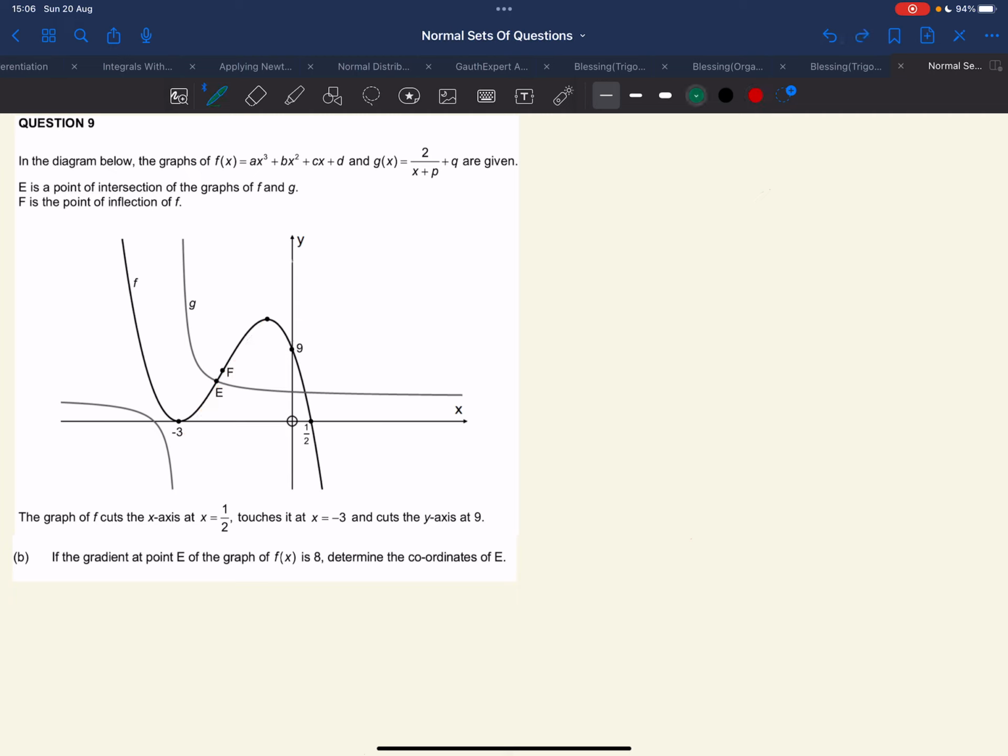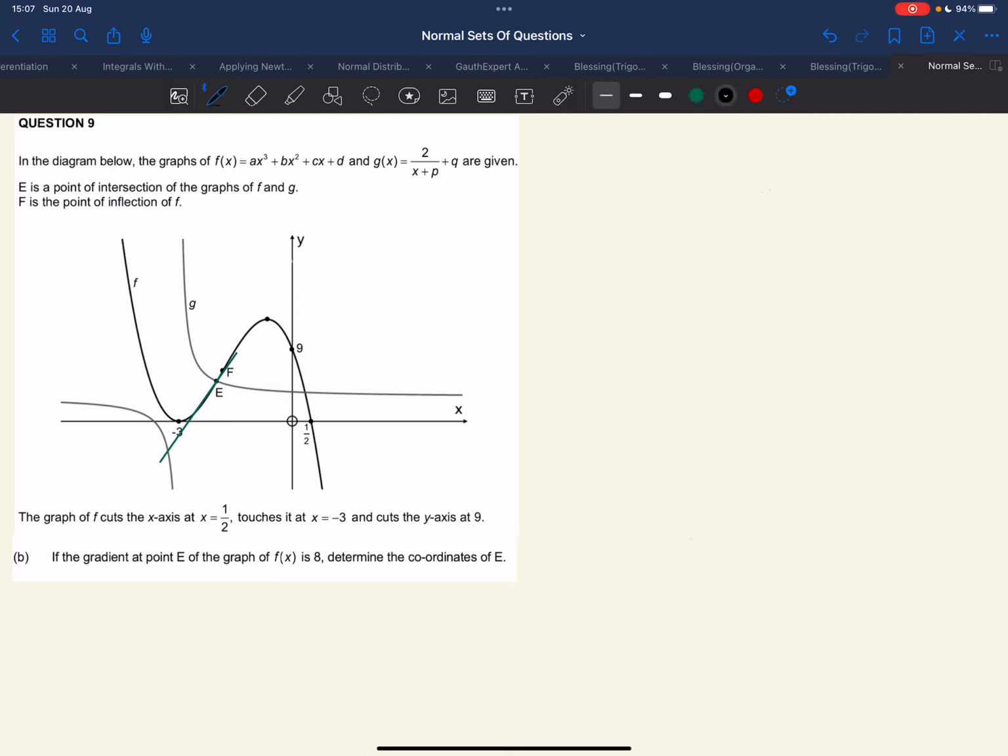Let me try to make it a little bit better. Something like this. So there's actually a tangent happening there.